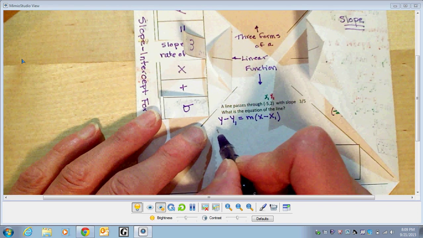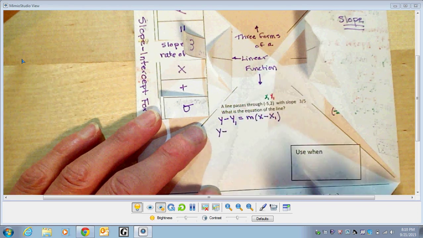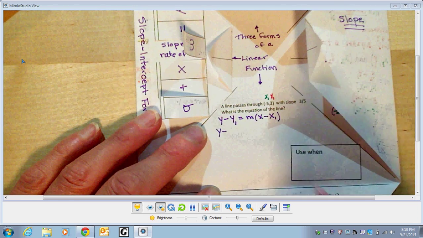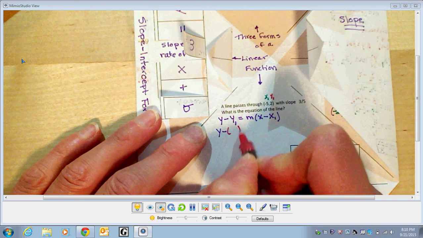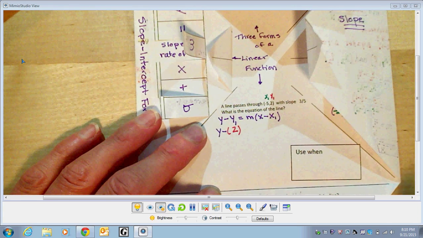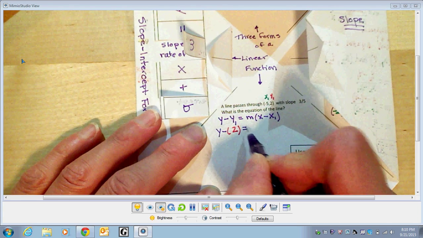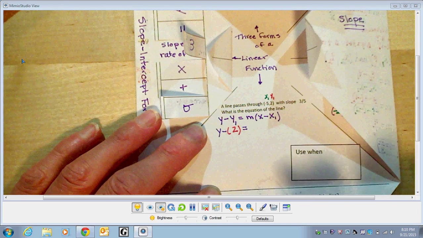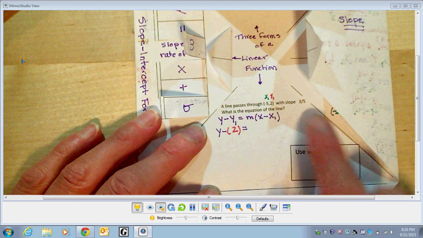So that means I'm going to have y minus, well, what's y1? y1 is right here, that's 2, equals, well, what's my slope? They gave me my slope right there.